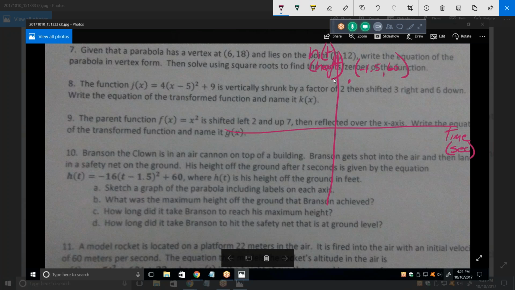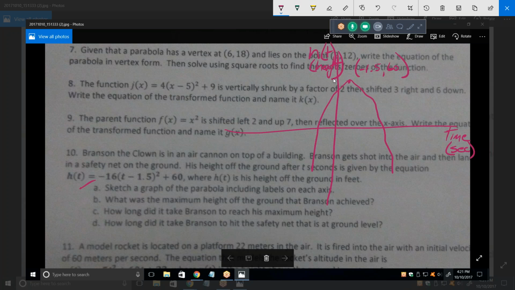In other words, I'm just going to approximate it for the moment. So I know I'm looking at something like that. Now, including labels on each axis, we've done that. The only thing we haven't put on there is the y-intercept and the x-intercept. We'll get to that. So we've done A.